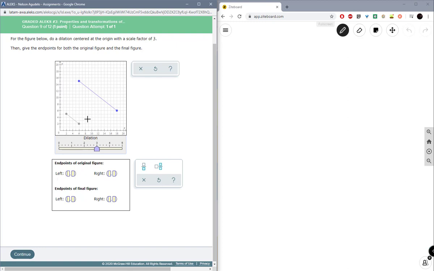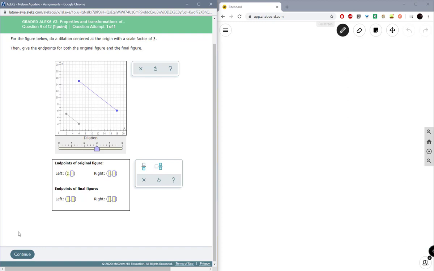Here you see you have 2 points, and the left one is this, because this is more to the left than to the right. So the left one has to be here. What are the coordinates of this point? 2, because it fits with the 2 in the horizontal axis, and 5, because it fits with the 5 in the vertical axis.